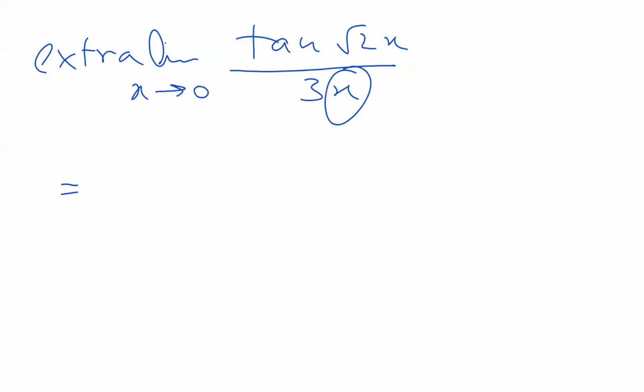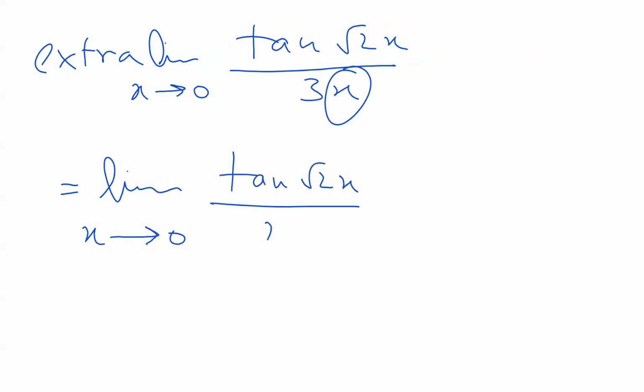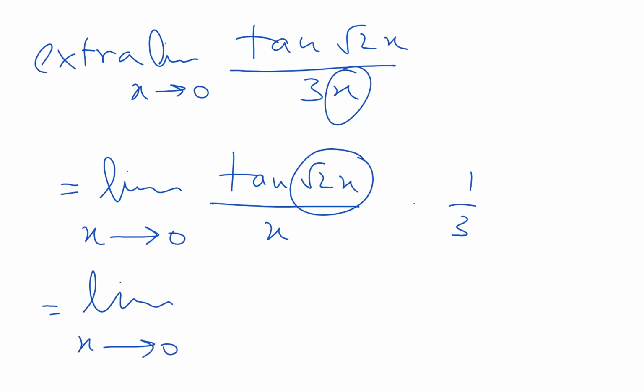But then primarily, I will eliminate 3. 3 is not required over there. So I'll write 1 upon 3. Now we require root 2x. X is already there. So we'll divide by root 2 and we will multiply by root 2.